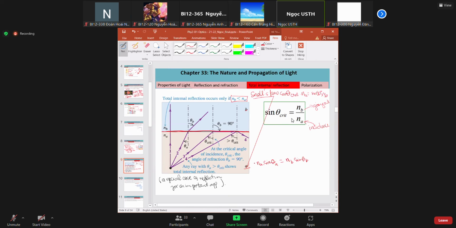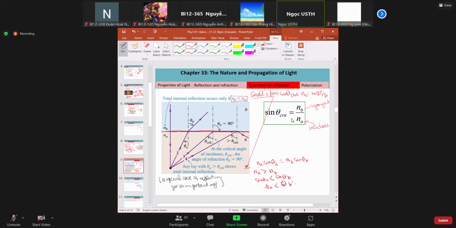What does this mean? If the NA is bigger than NB, then the sine theta A will be smaller than sine theta B, right? It means theta A will be smaller than theta B.